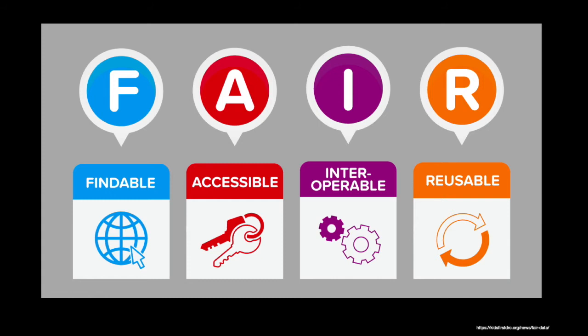We want users and scientists to be able to find the data, have access to them internationally or wherever they need to get it, to have it work within their systems, and then for it to be reusable, but also repeatable, such that our results and our findings are really clear, and that somebody could go on, find the data, reproduce the results that we produced, and convince themselves that what we're doing is legitimate.